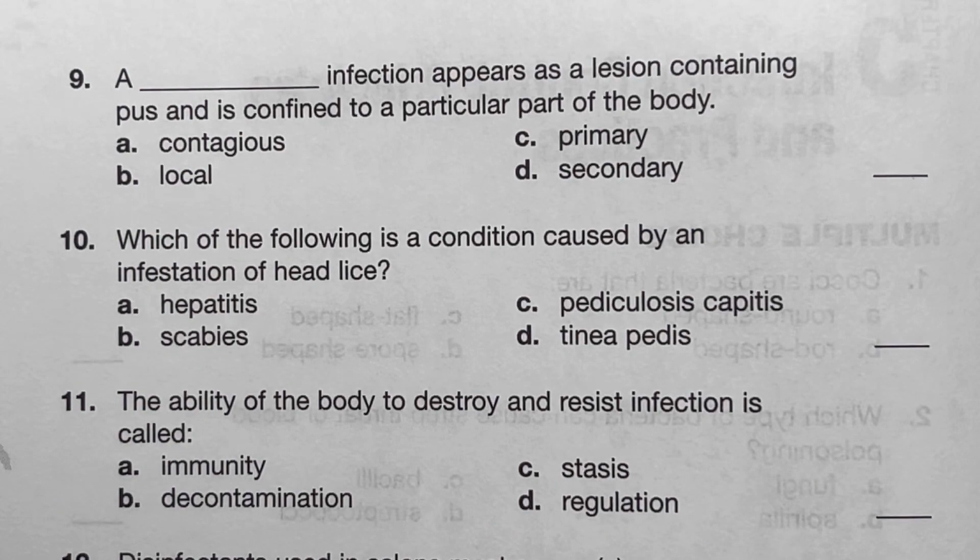A blank infection appears as a lesion containing pus and is confined to a particular part of the body. A. Contagious, B. Local, C. Primary, D. Secondary. And the correct answer is B.